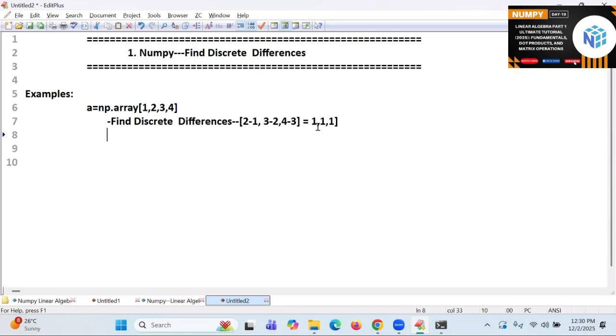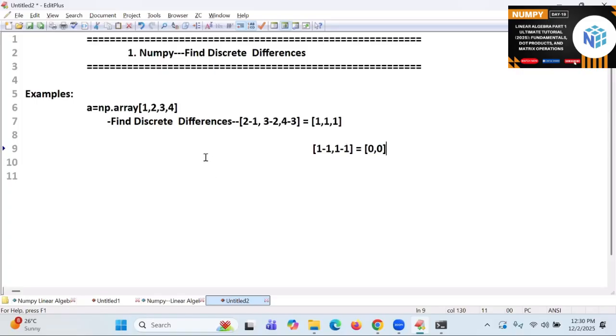Suppose I mention two times discrete differences: on whatever result you got, you do it once again. 1 minus 1, 1 minus 1. What is the answer going to come? 0, 0.